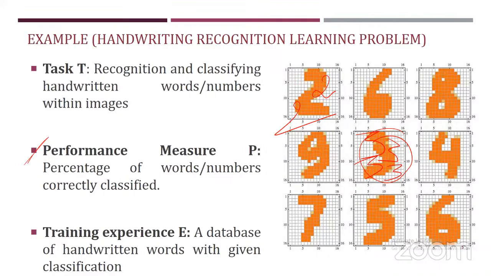Suppose I am supplying 100 images and doing the prediction for all of them. I will simply count how many images the model is able to classify correctly. That is going to be the accuracy for your created model.